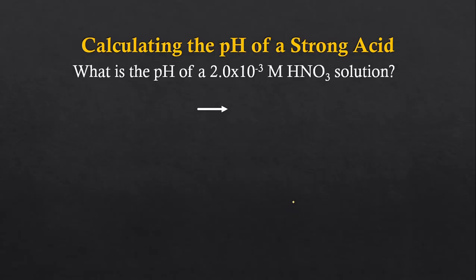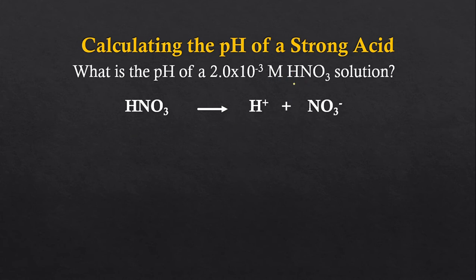Okay. Now, calculating the pH of a strong acid muna tayo. What is the pH of a 2.0 times 10 to the negative 3 molar nitric acid solution? Okay, so ito yung equation natin. Kapag strong acid ang pinag-uusapan natin, sana nakabisado na ninyo yung mga strong acids natin.